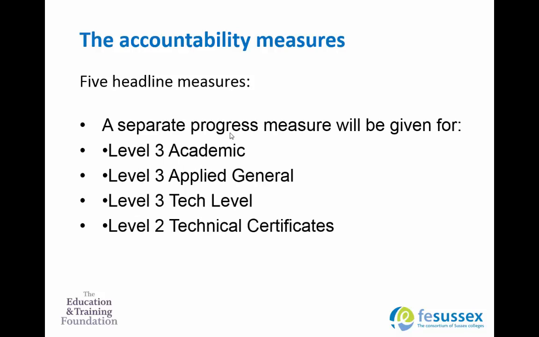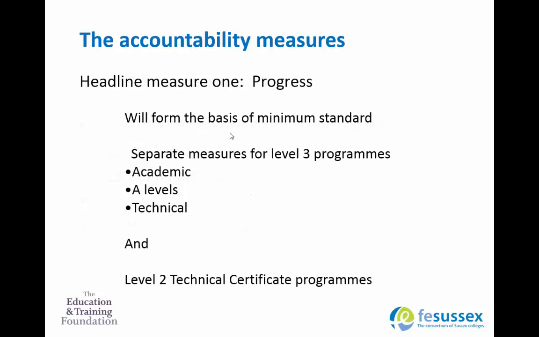And here we need to just take account of the fact that separate progress measures will be given out for academic level 3, so A levels, for applied general tech levels at level 3, and bringing up the rear slightly later to be introduced are the same things for level 2 qualifications.